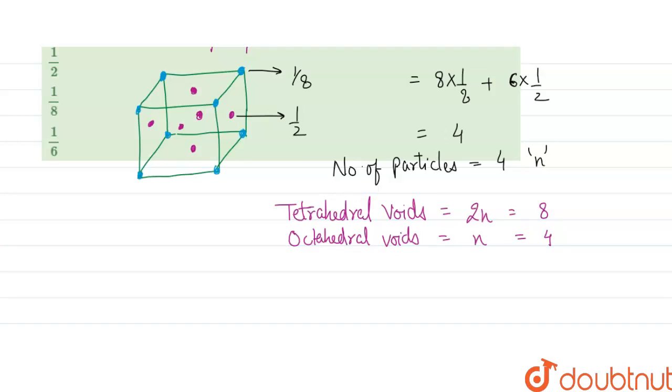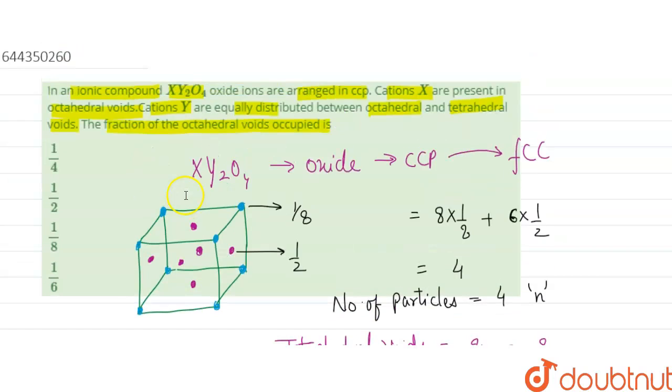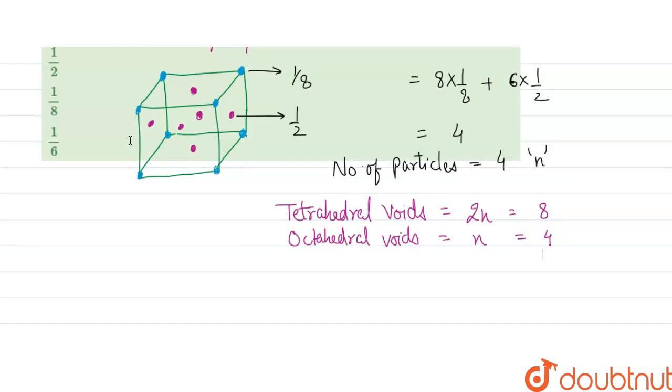So now let us see the question. In an ionic compound XY2O4, oxide ions are arranged in CCP. Cations X are present in the octahedral voids. Cations Y are equally distributed between octahedral and tetrahedral voids, and we have to find the fraction of the octahedral voids occupied. So for this we write XY2O4.